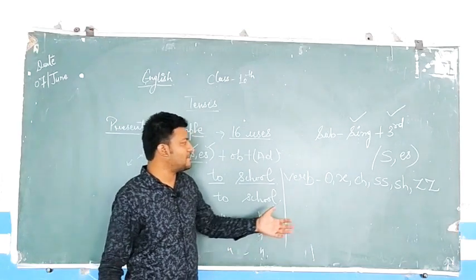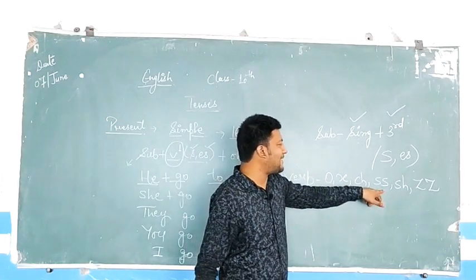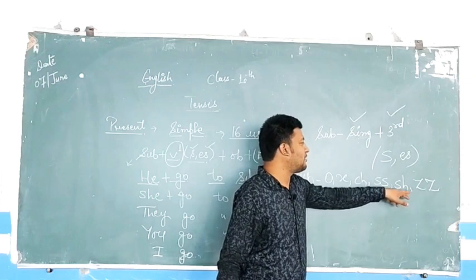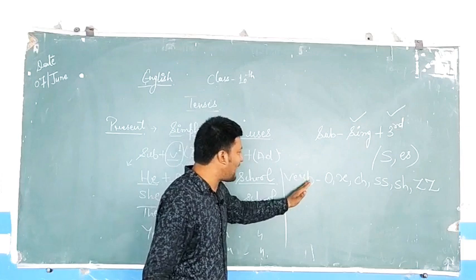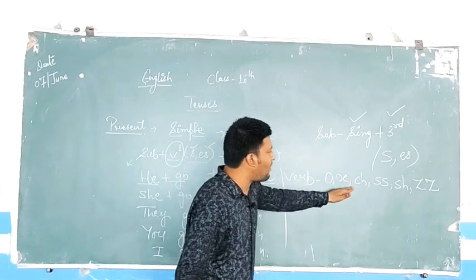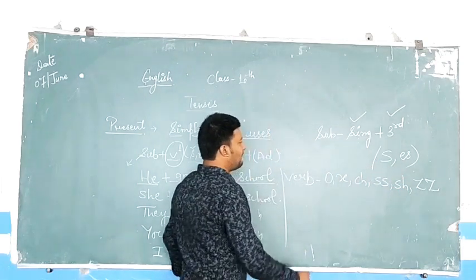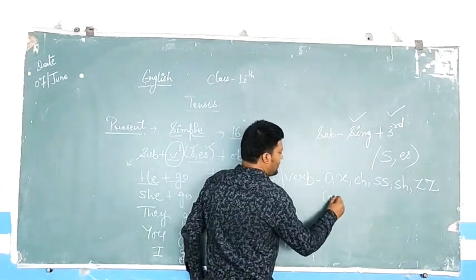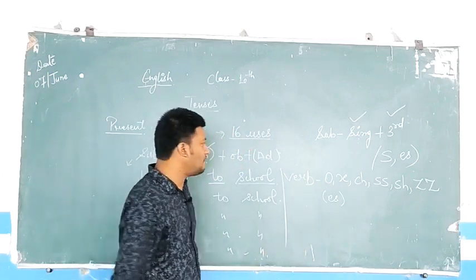The combination is o, x, ch, ss, sh or zz. If my verb ends with either one of these, then I will use es with them.